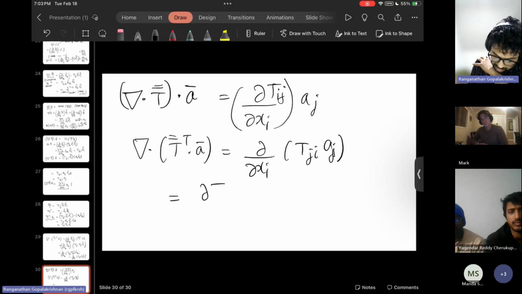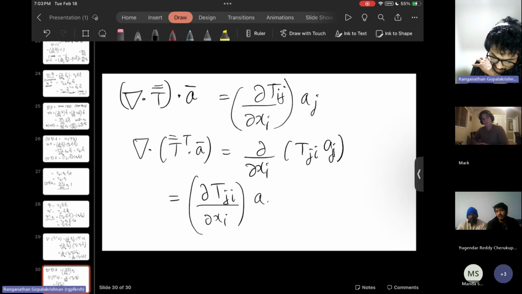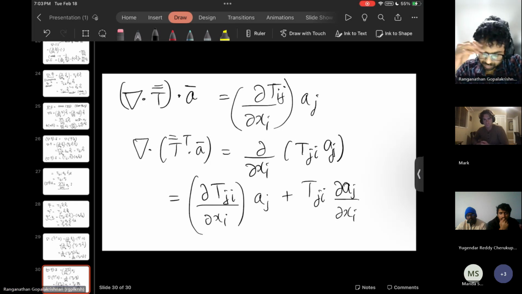This is partial T_ji over partial x_i multiplied by A_j plus T_ji partial A_j over partial x_i. What do we do next?